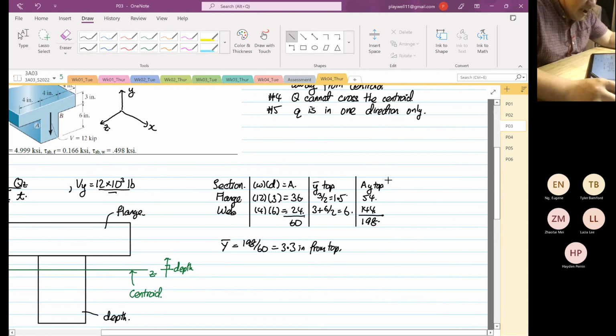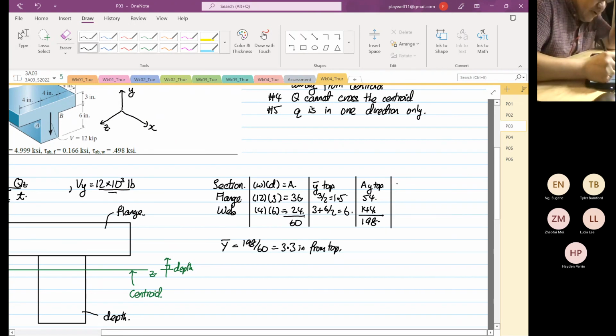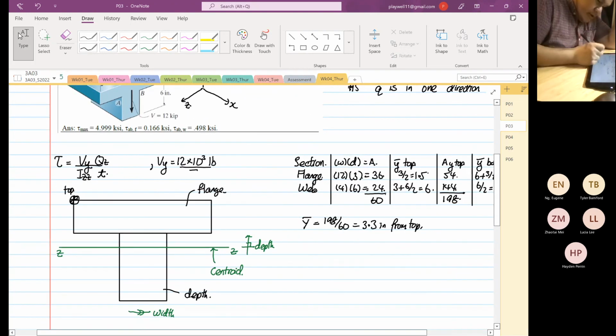Now you can check your value whether it is right or wrong. And how do you check? What I usually do, if doing an exam you have time, I will do the y from bottom and see what happens. So y from bottom, this will be 6 divided by 2 is equal to 3, and 6 plus 3 divided by 2. So what we are doing now is we are taking the datum from the bottom.